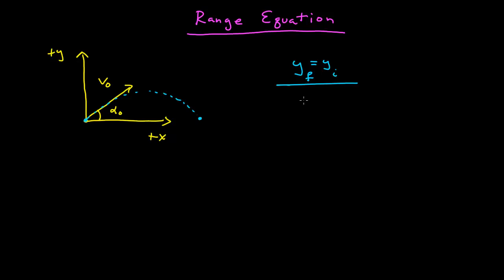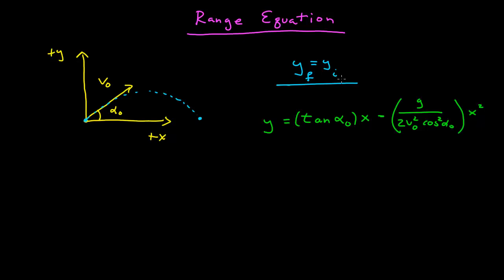Okay, so we're going to go straight to the projectile motion equation that we had before, which told us that the final position y is equal to tangent of our initial angle alpha naught times x minus g over 2 initial speed squared cosine squared of our initial launch angle times the final position x squared.